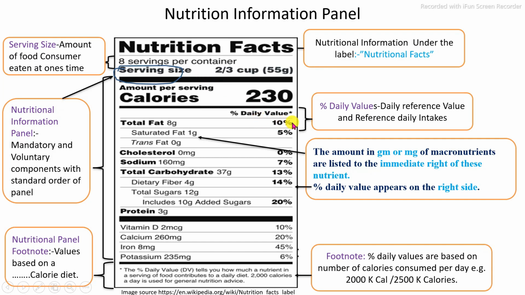The remaining 90% you require from other foods. Similarly, using the percentage of the daily value, you can calculate your specific requirement as per the standard recommended dietary allowances. These are also provided in the bottom section. As per this footnote, you can calculate the specific need of a nutrient for your body.